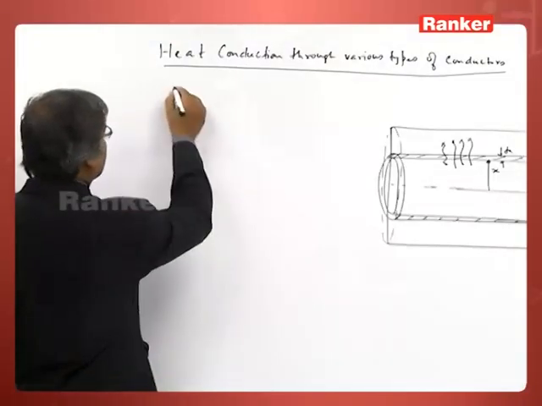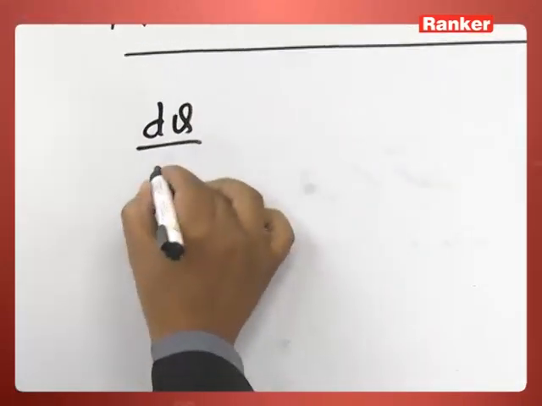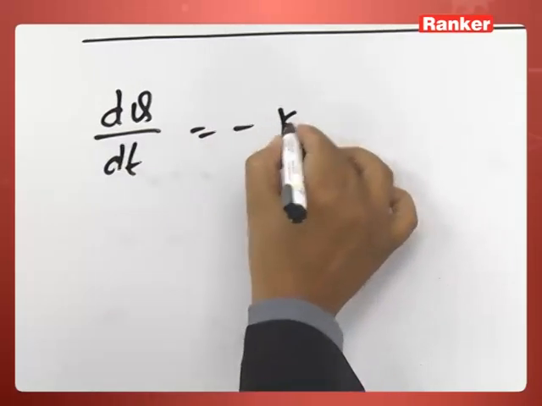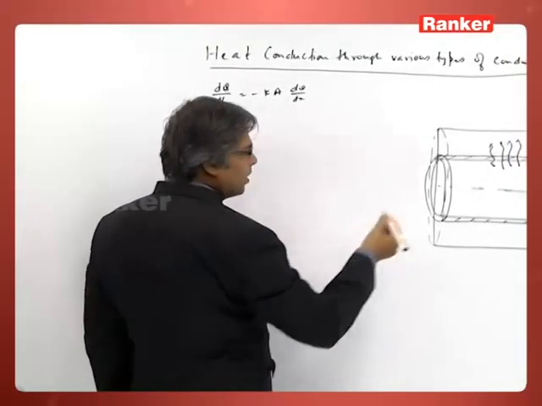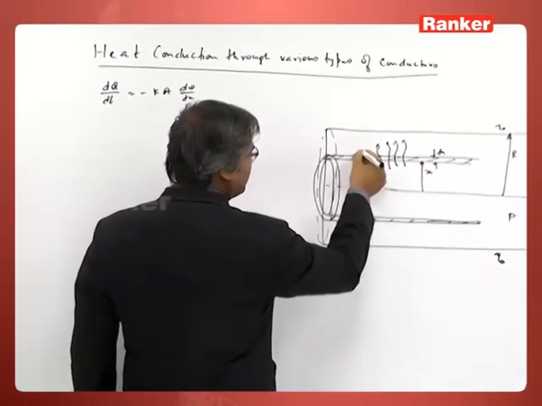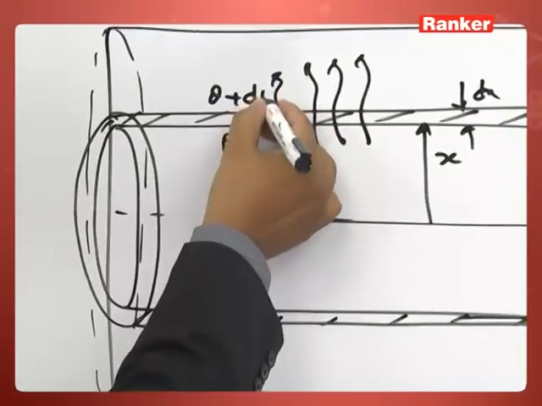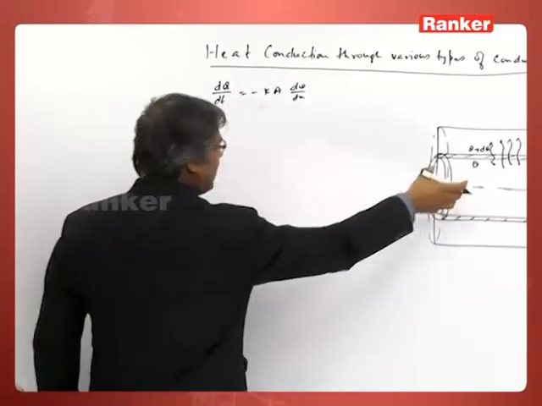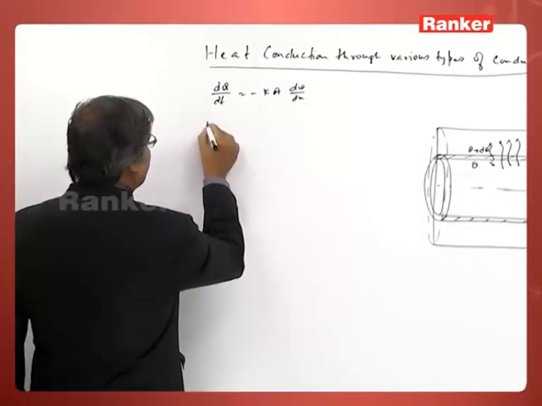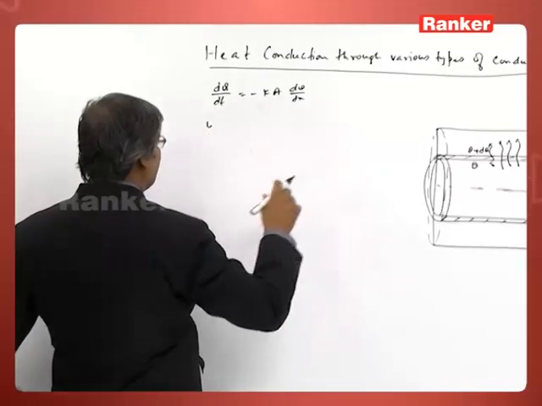Now, dq by dt is equal to minus Ka d theta by dx. So, suppose here the temperature is theta and here theta plus d theta. The rate at which heat is produced inside is the volume inside it.